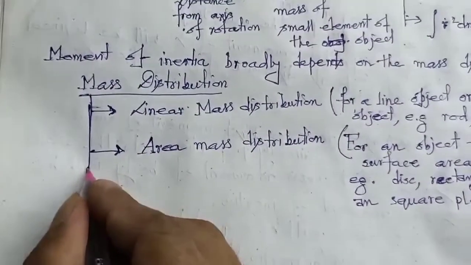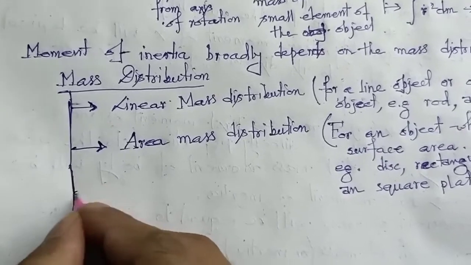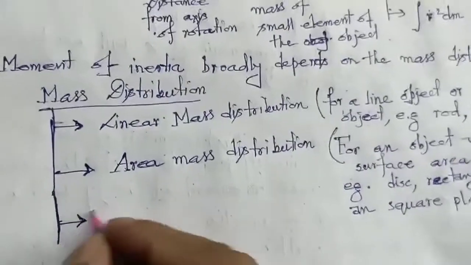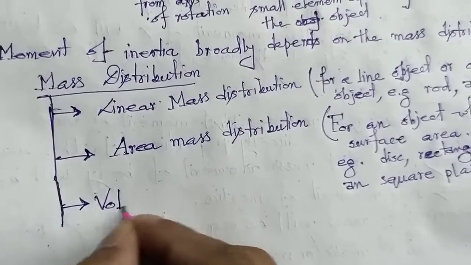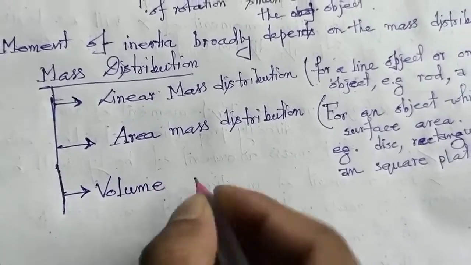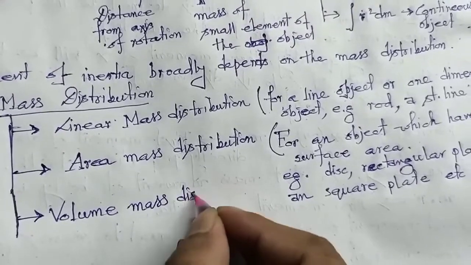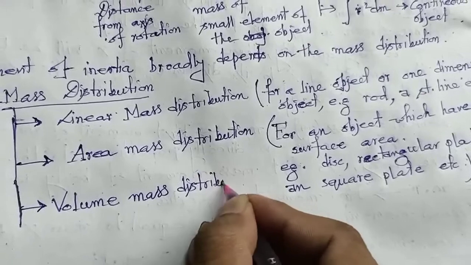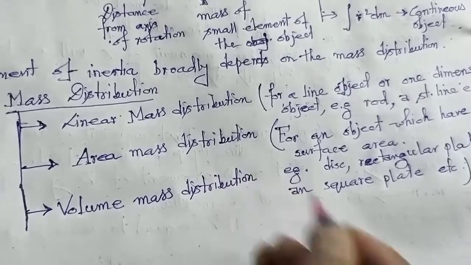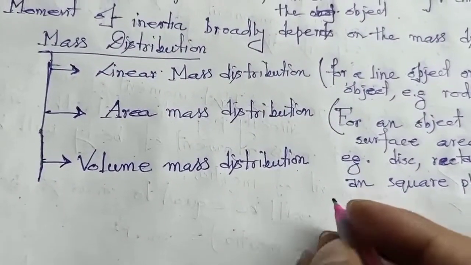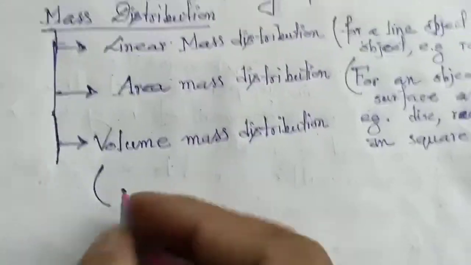And the third distribution of mass will be volume mass distribution. Volume mass distribution will hold true for an object which has a definite volume.